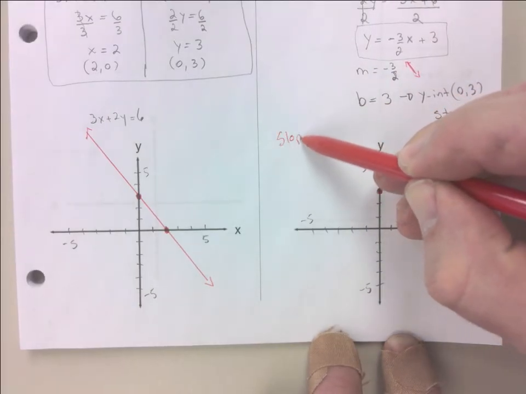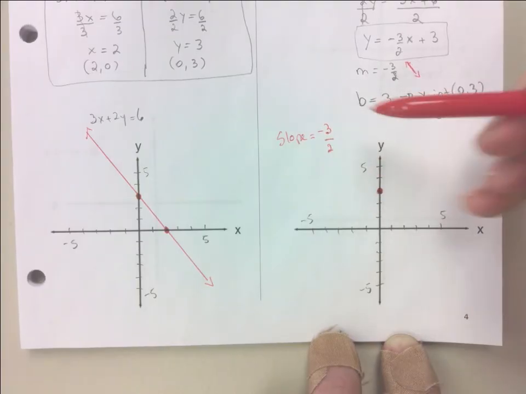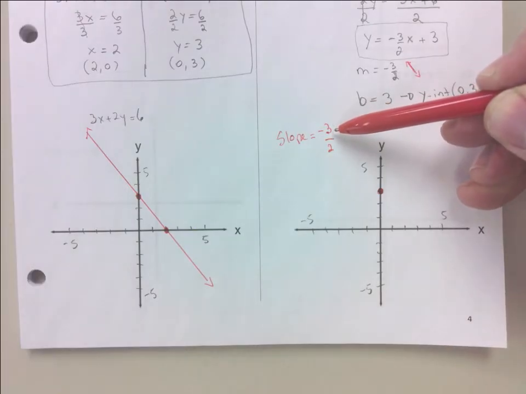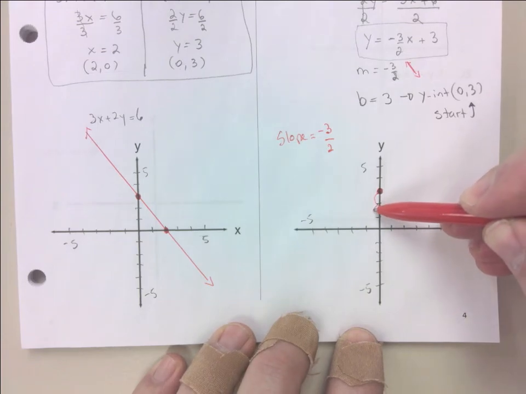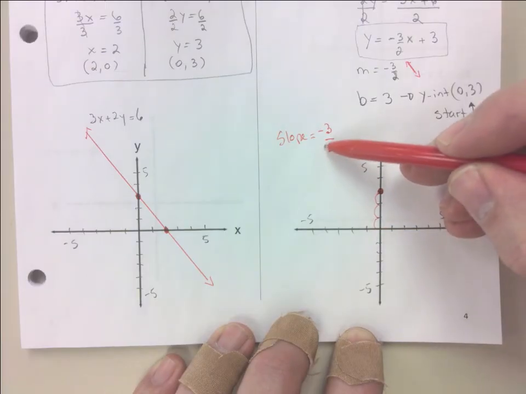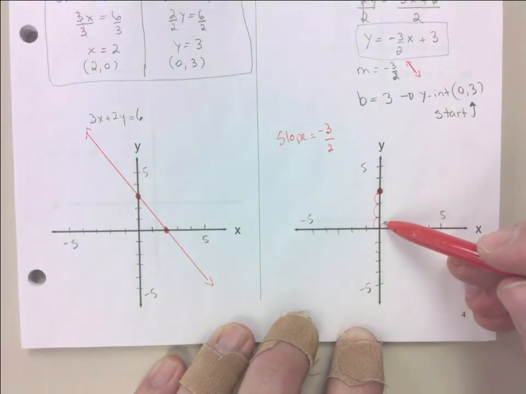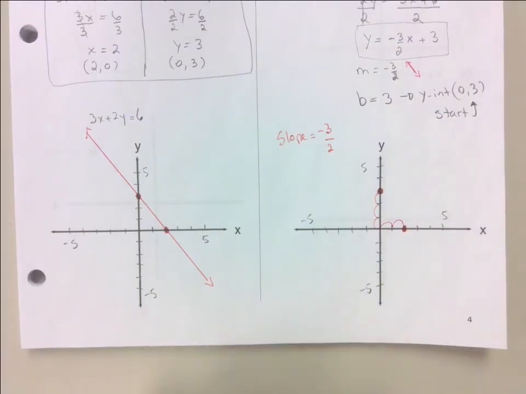Slope is negative 3 over 2. Which means that vertically we're changing 3 units down. So we're going to go 1, 2, 3. And horizontally, we're moving 2 units to the right. 1, 2. That's how you find your second point.